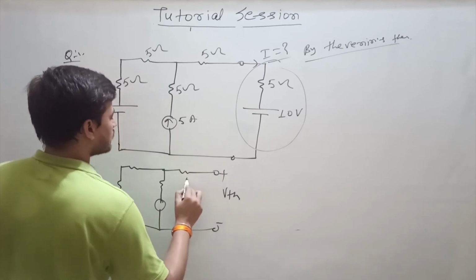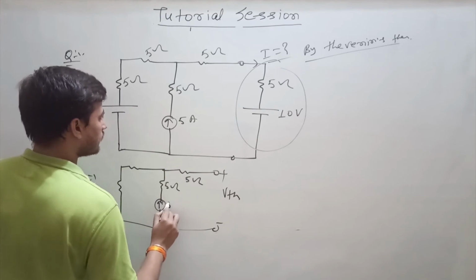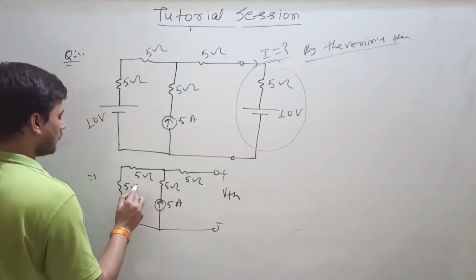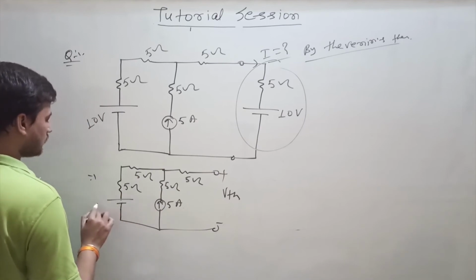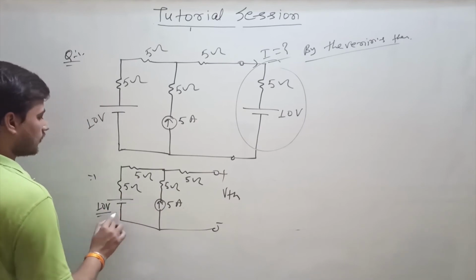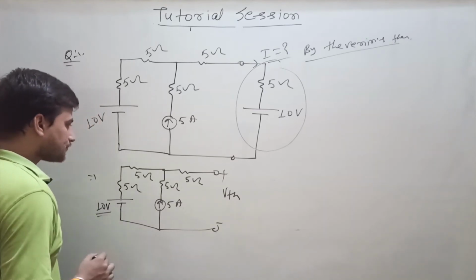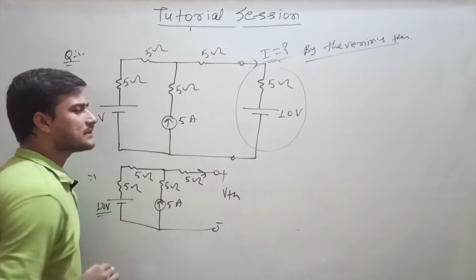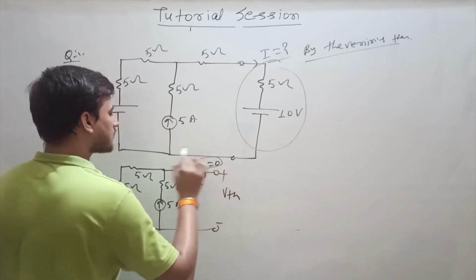It is 5 ohm, this is 5 ampere, 5 ohm, this is 5 ohm, this will be the potential 10 volt. Clear? You see one thing, this current is what? Since this is an open circuited terminal, this current will be 0.